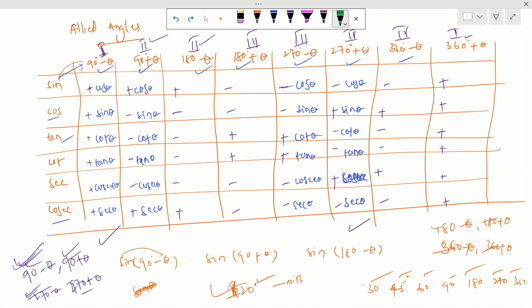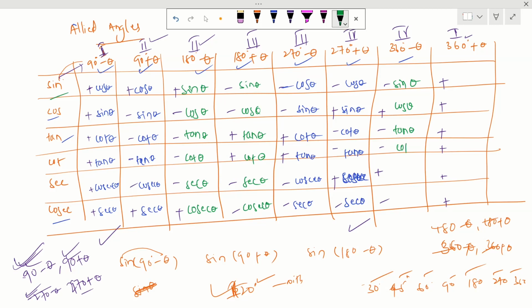So in case of 180, sine is sine only. Sine is sine, cos is cos, tan is tan, and cot is cot, secant is secant, cosecant is cosecant.